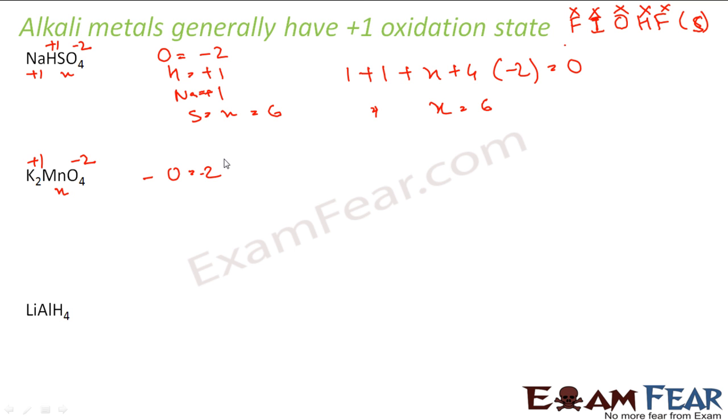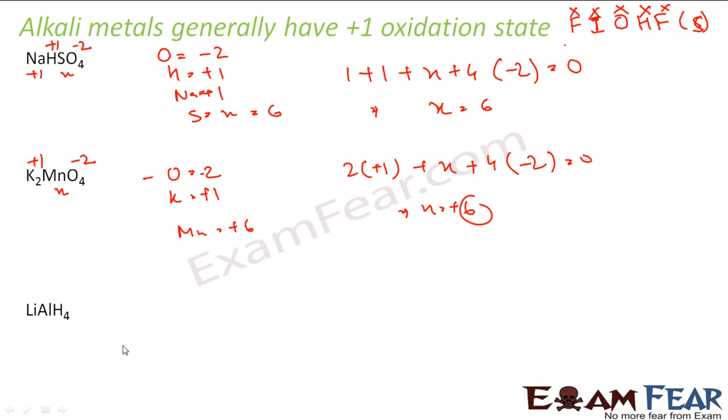This I'll use as 1, and this is X. So K is +1. So let's solve this. This becomes 2 into K, that is 2 into +1, plus Mn is X, plus 4 into -2 is equal to 0. You solve, you get X equal to +6. Right? So here Mn is +6.